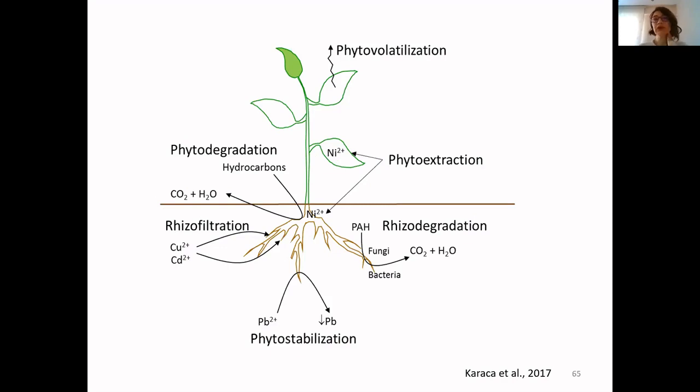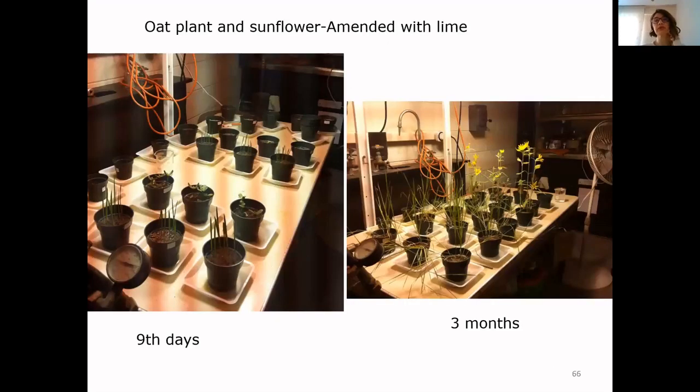phytoextraction. In our project, we also tried two kinds of plants. One is oat and another is sunflower. Of course, our first trial failed because both our mine tailings and sediment specimens were very acidic, with pH 2 and 2.3.